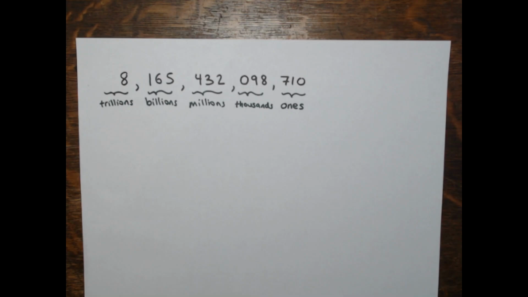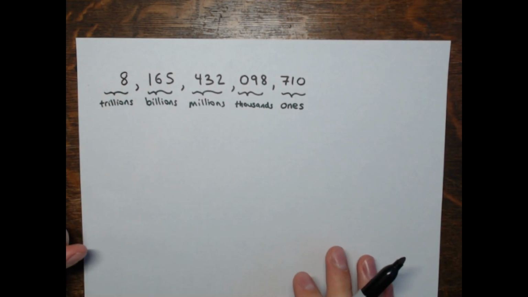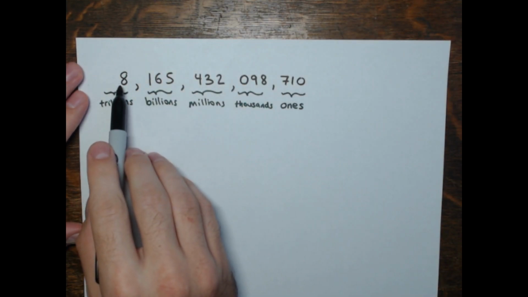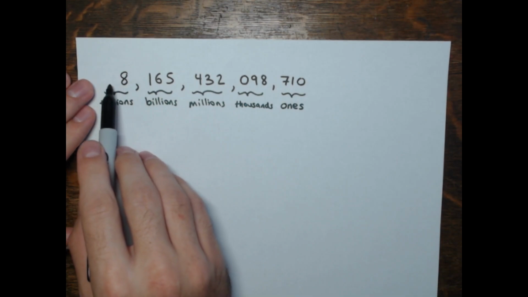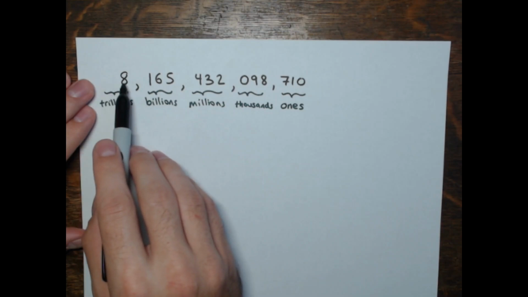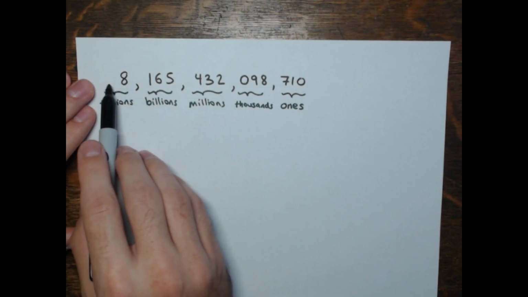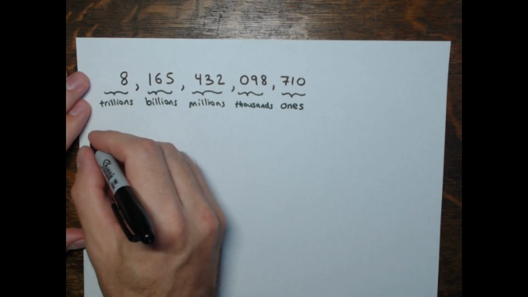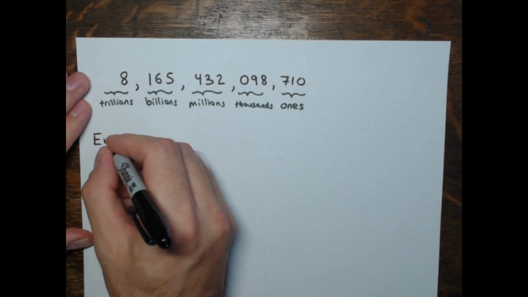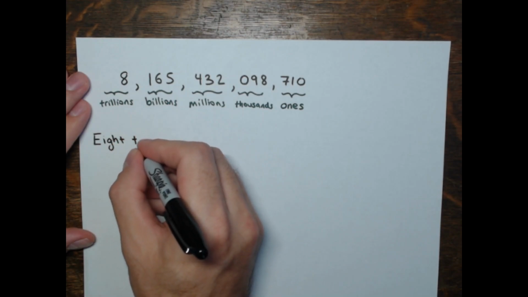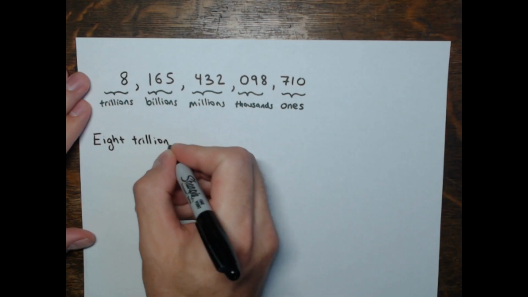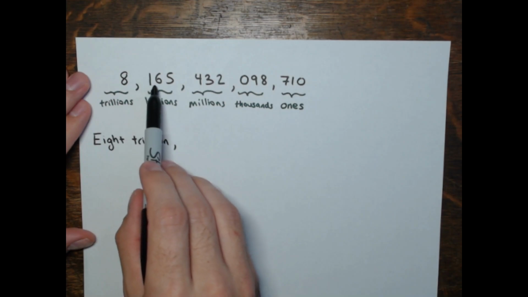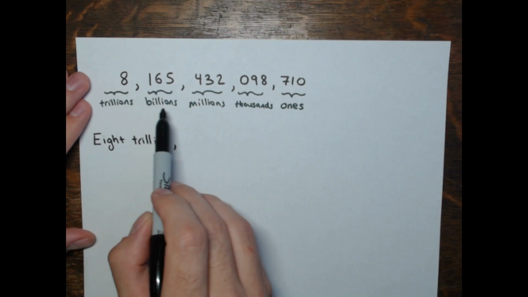And so, when I'm writing out this number in words, I start at the far left. These three, again, there's only one digit here, but these digits in the trillions period is 8. So this is 8 trillion, comma, 165 billion.